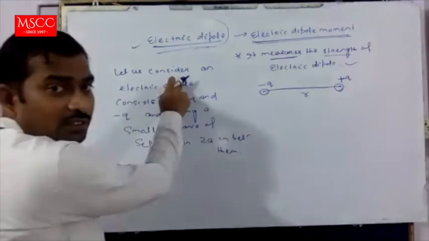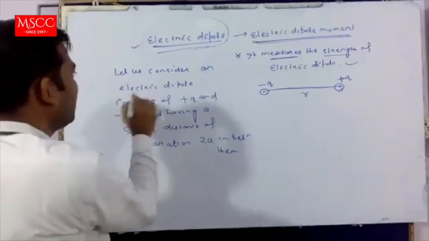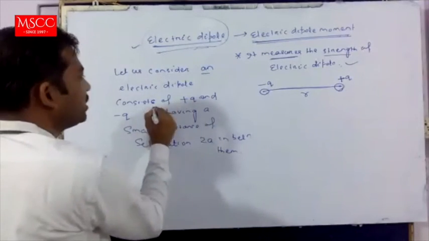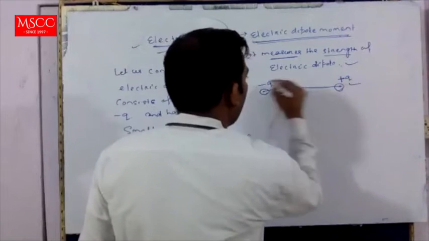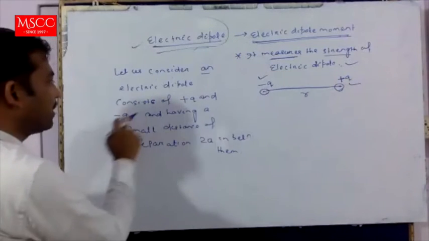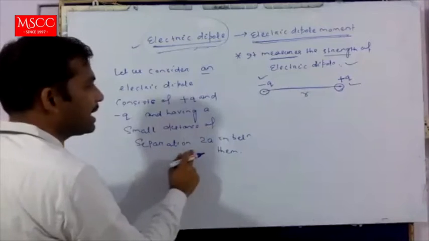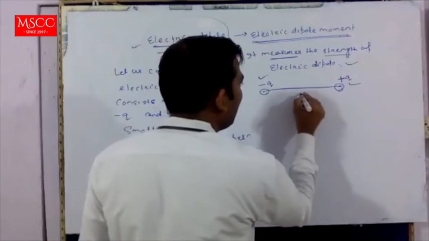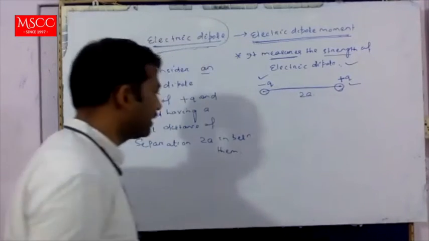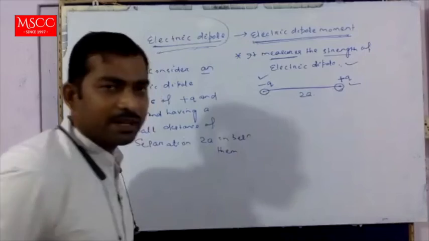Let us consider an electric dipole consists of plus q and minus q, and having a small distance of separation 2a in between them.